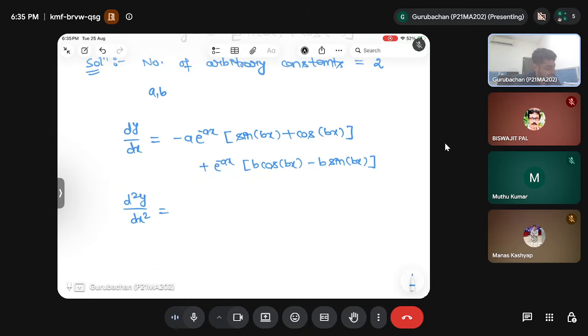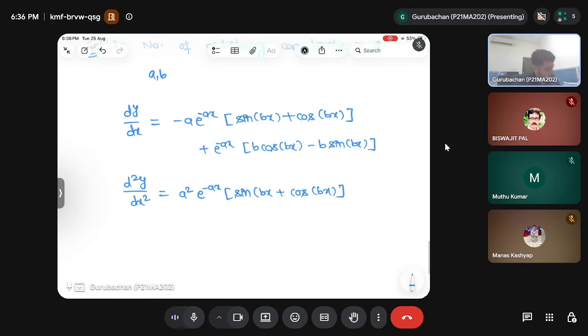So a square e to the power minus ax times sine bx plus cos bx, and minus 2a times e to the power minus ax times b sine bx.